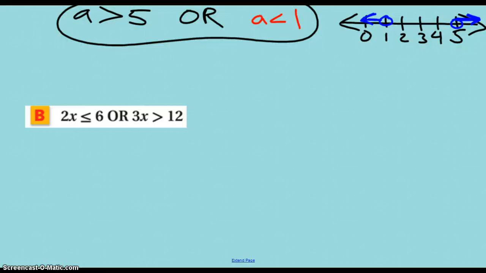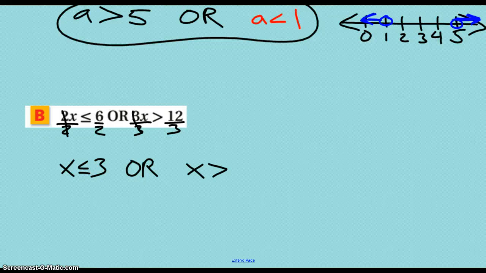Alright, another OR statement. We will divide by 2 on both sides. Solve for x, so x is less than or equal to 3, or, again, for this one then, we'll divide by 3. X is greater than 4. Let's see what this looks like on a graph.